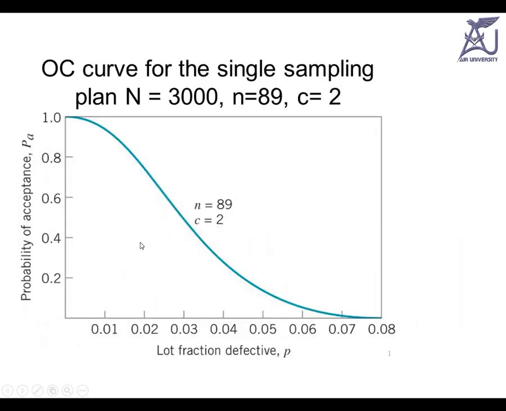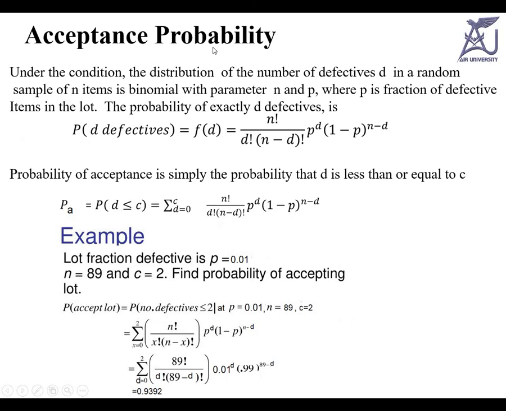It is easy to find out, as we discussed, how to find the probability of acceptance under the binomial distribution. The probability of exactly D defectives can be found out. Probability of D defectives is equal to n factorial over D factorial times n minus D factorial, times the probability P, and this P will be AQL.